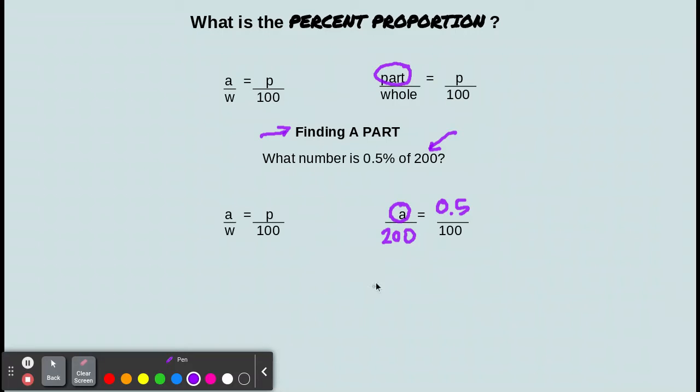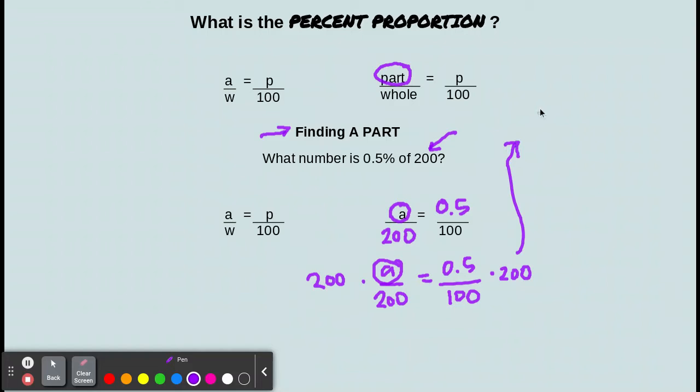Okay, so this one then, again, we can use our knowledge of solving equations to find A. And to do that, we multiply both sides by 200. So it becomes 0.5 over 100 times 200 over 1.